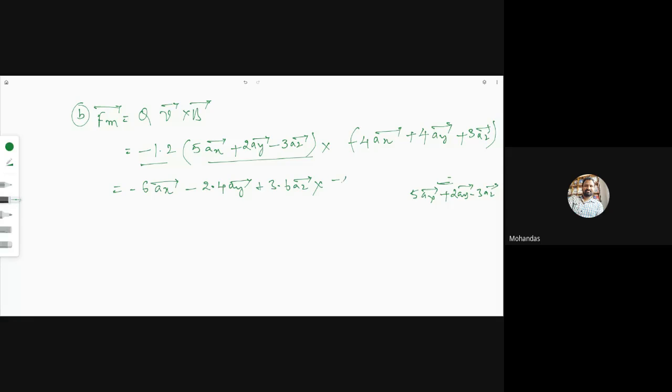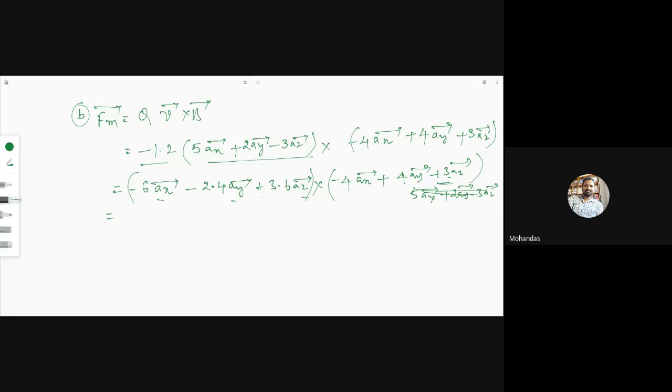Now let us take the cross product between these two vectors. This is one vector, this is another vector. So how to calculate A cross B? By taking the determinant of the matrix formed by the unit vectors AX, AY and AZ as the first row, the components of vector A in the second row, and the components of vector B in the third row.